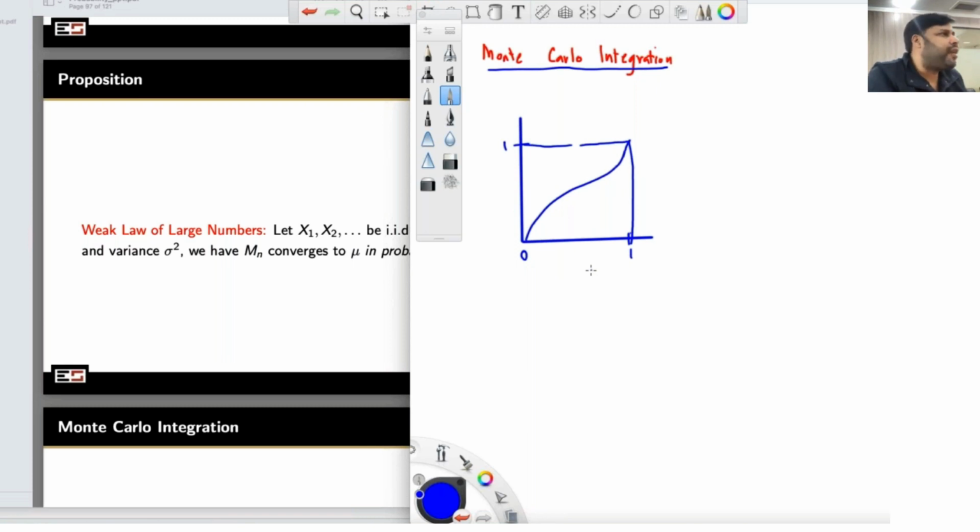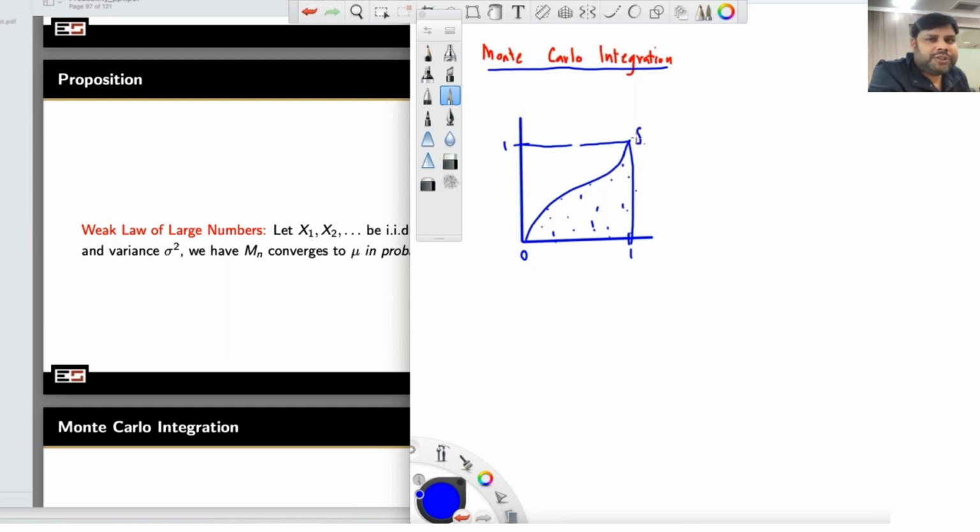What is the graphical interpretation of the value of the definite integral? Area under the curve, right? So basically I'm interested in estimating this area. Is that okay? Fine. So I want to find this area. One way to do that is to randomly generate points from this square.